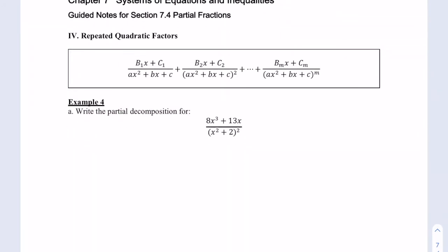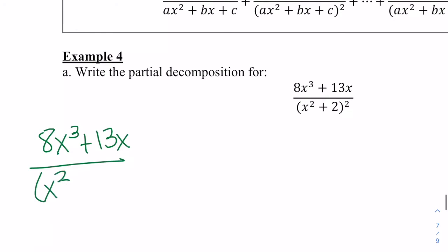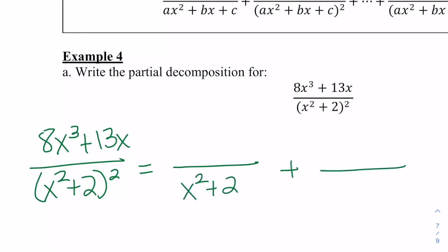Okay, here we have another repeated quadratic factor. So let's set this up. We have 8x cubed plus 13x over x squared plus 2 quantity squared. So our first quadratic factor will be x squared plus 2, and our second will be x squared plus 2 quantity squared.